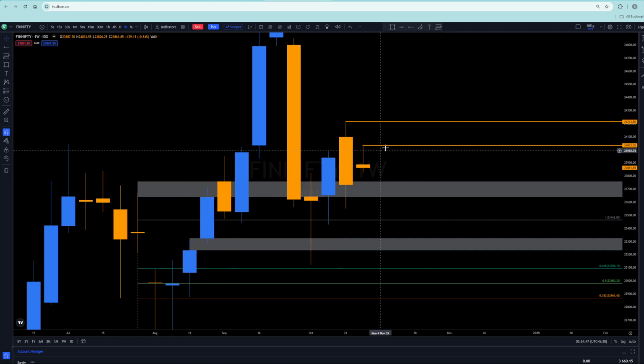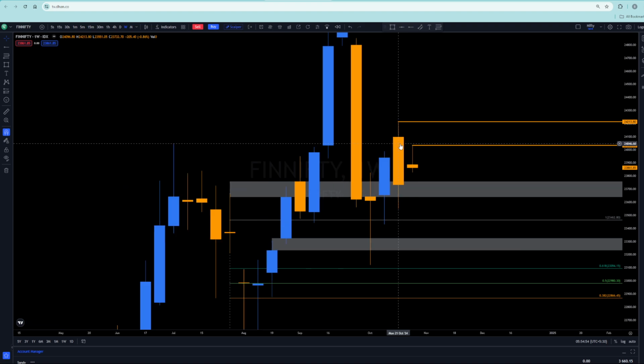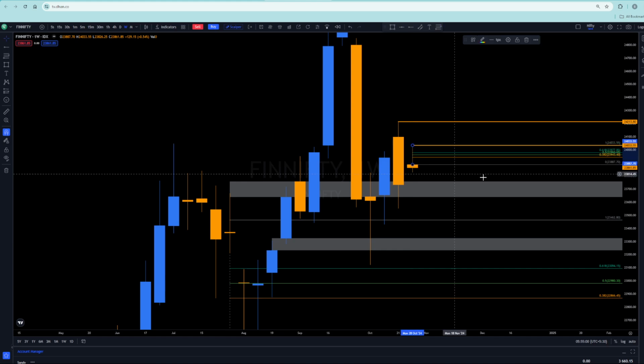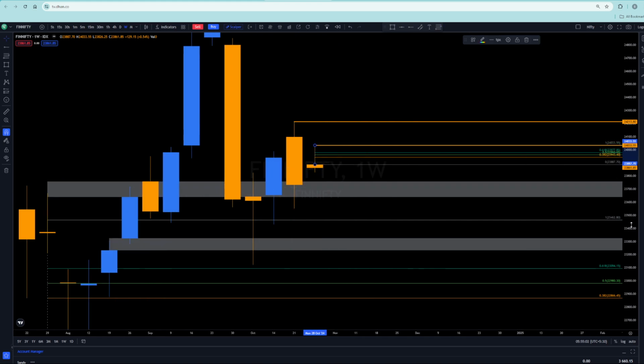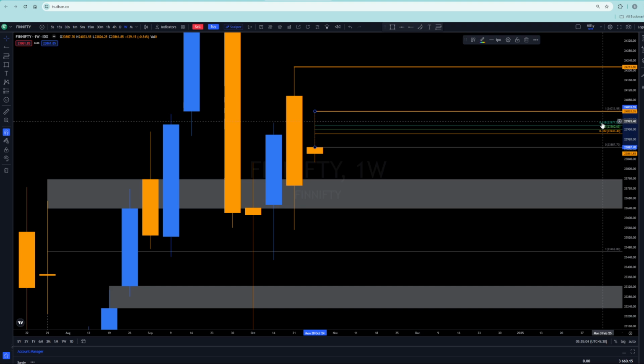So yeah, until unless market doesn't close above like 24,000, I don't think there's any reason for us to go long. And even this wick, current wick which is there, that level is coming out to be 24,000. So 23,950.